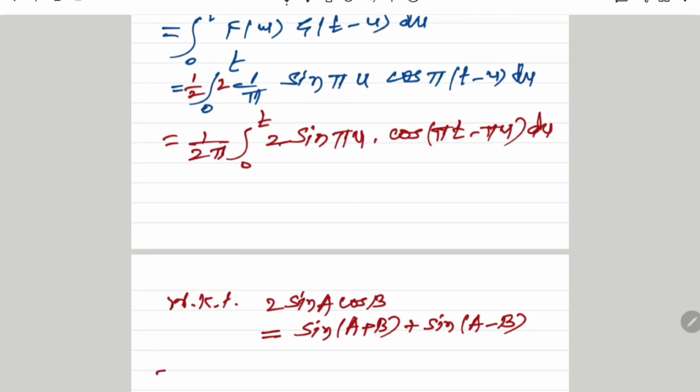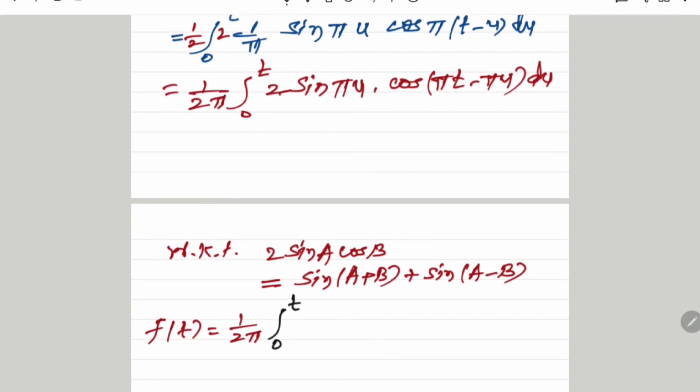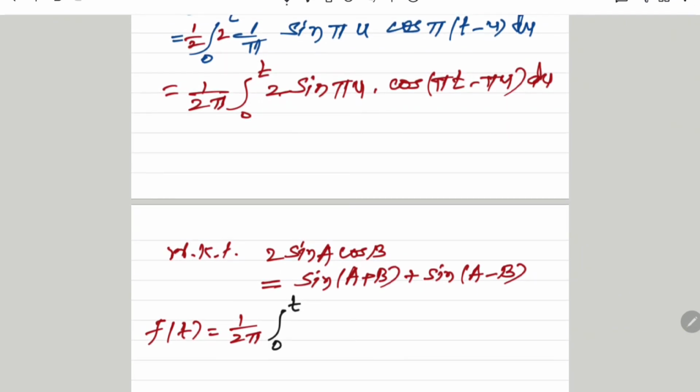inverse of left hand side is f of t. It is 1 by 2 pi integration from 0 to t, 2 sin a cos b is sin a plus b, sin of a plus b. A is pi u and b is pi t minus pi u.